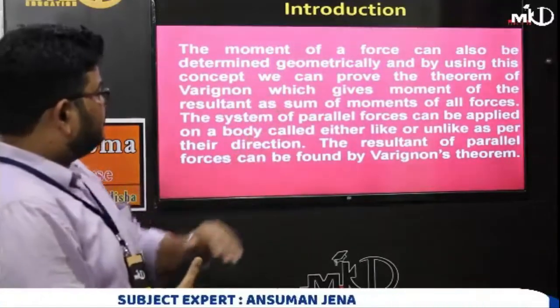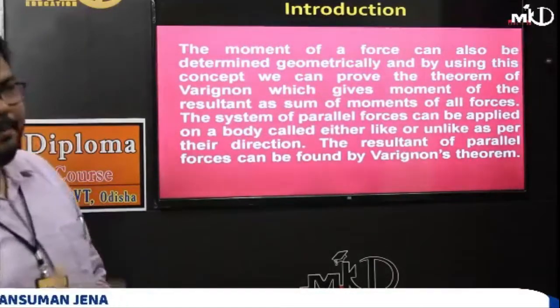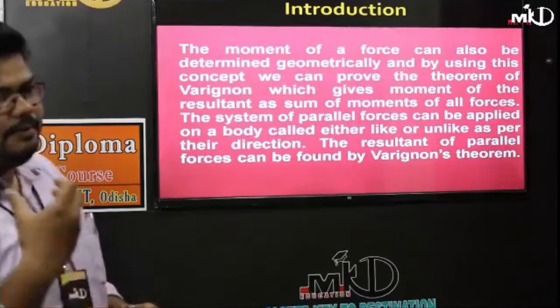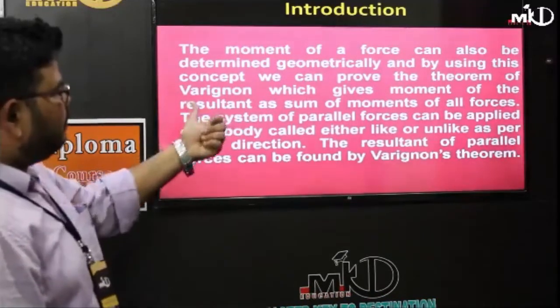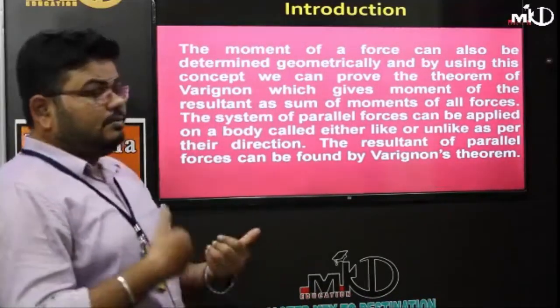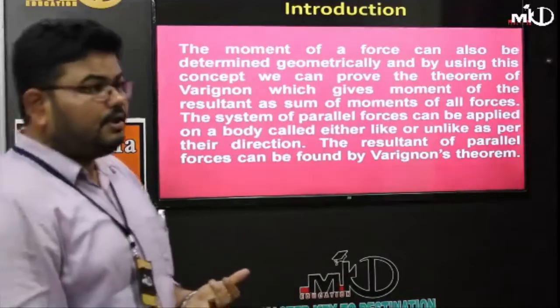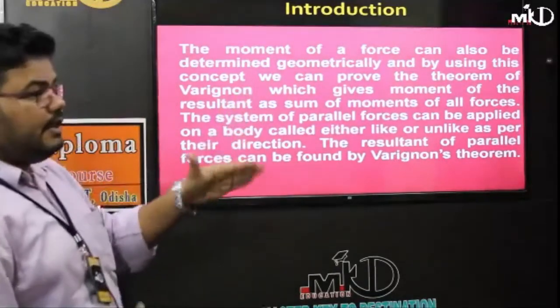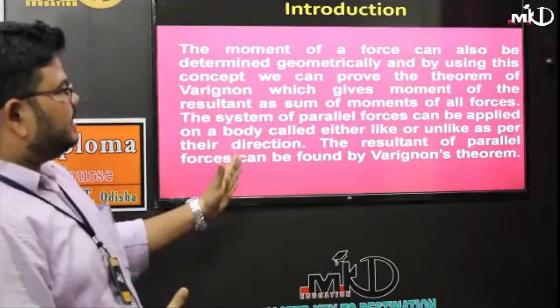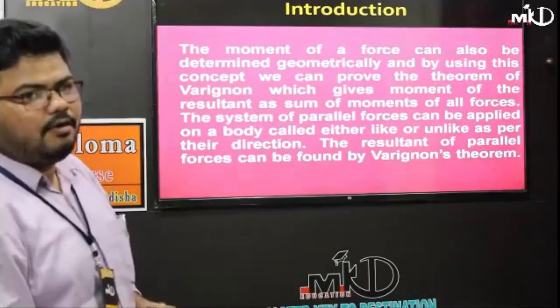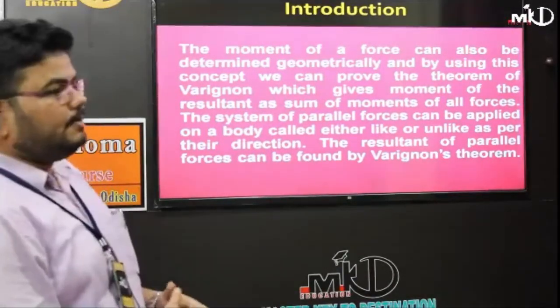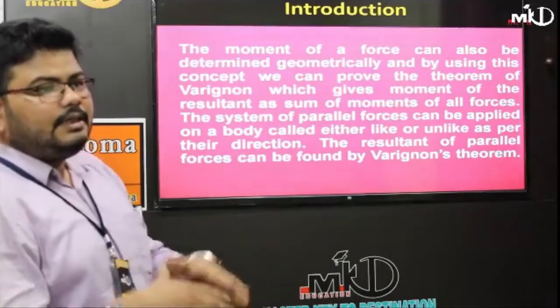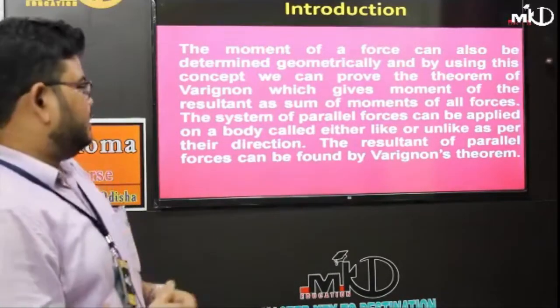By using this concept, the graphical method of representing a moment, we will prove Varignon's theorem. Varignon's theorem is very important, and its output is that it gives the moment of a resultant force by using the moments of the corresponding forces.